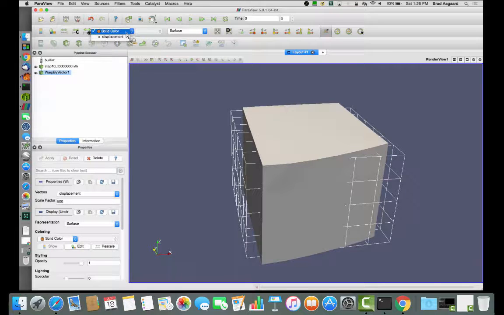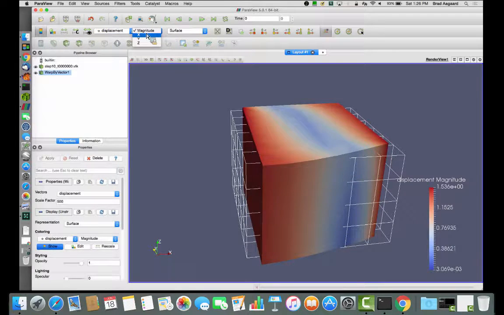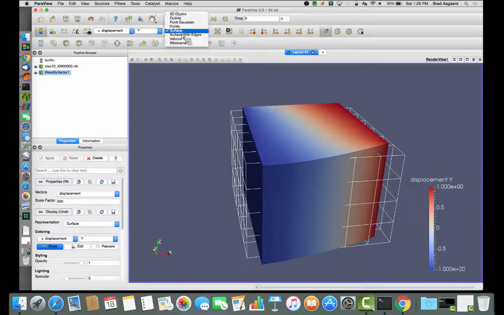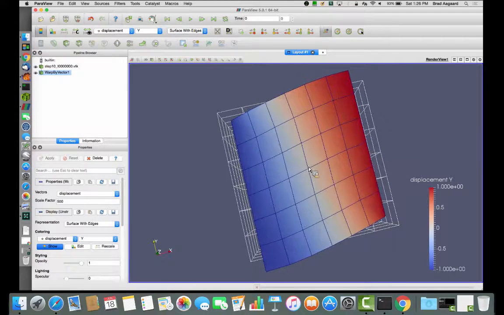Let's do displacement in the Y direction and surface with edges. So here was our through-going fault, and you'll notice continuous displacement across the fault, corresponding to zero slip. So we have sheared the box, but we did not overcome static friction. So the fault has remained locked.